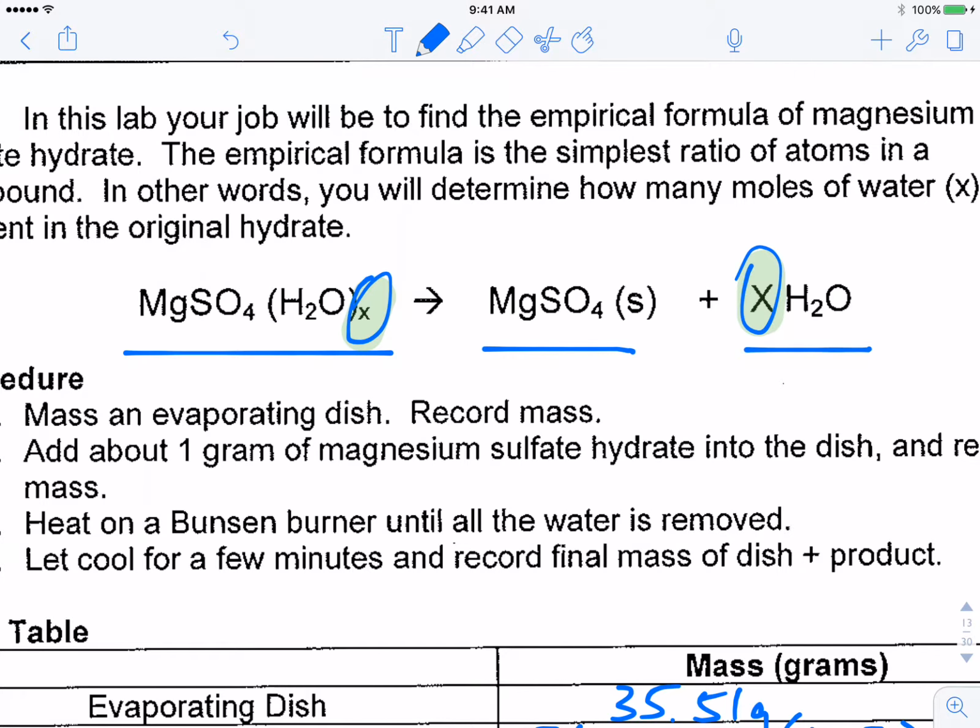And so according to our data, rounding to the nearest whole number, this value would be 5. So 5 water molecules attached to every 1 molecule of MgSO4, and then this value here would be 5 as well.